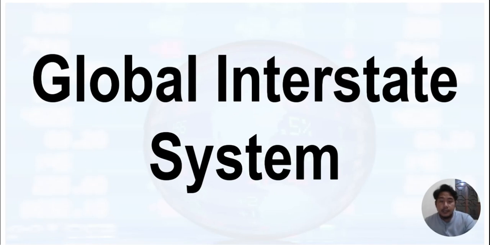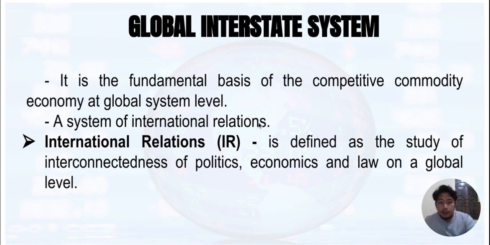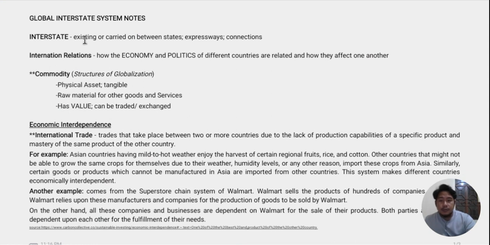Global interstate system. Now, the global interstate system is the fundamental basis of a competitive commodity economy at a global system level, as defined by our material. Now, when we say interstate, it means that it is existing or carried on between states.